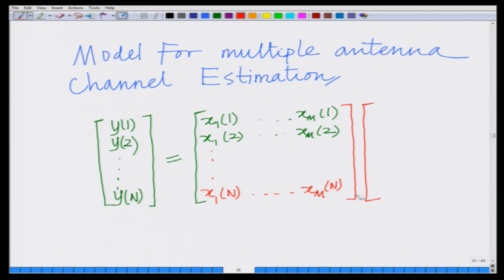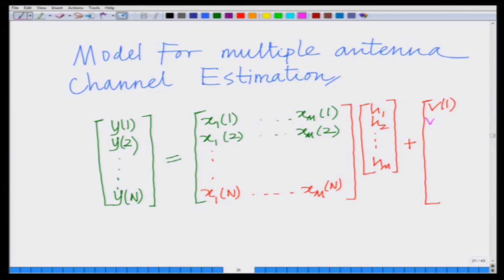times, let me write this in a slightly different fashion, this is h1, h2 up to hm, which are the m channel coefficients, plus the noise samples, which are basically your V1, V2 up to Vn.